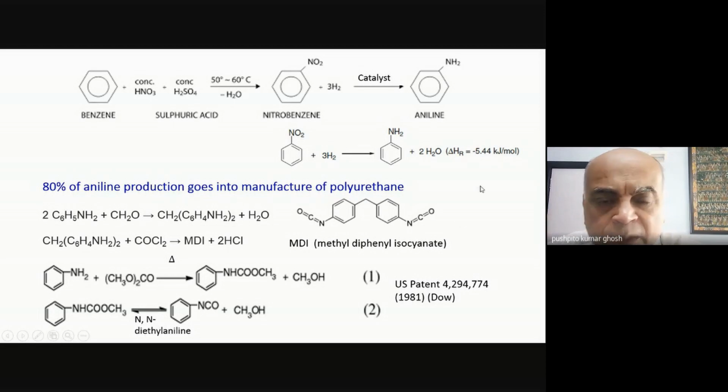You would have even seen in the Bhopal tragedy, the use of phosgene and methyl isocyanate production, and so that's been very common to use phosgene. But ever since the Bhopal disaster, people have been trying to get out of phosgene, and so this is one of those reactions where you can take aniline, react it with this compound called dimethyl carbonate. You end up with this, and from which you can derive the isocyanate.